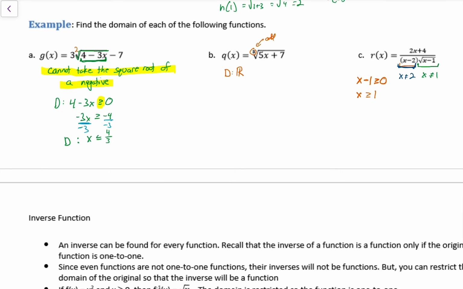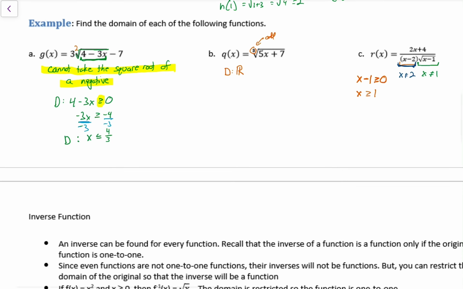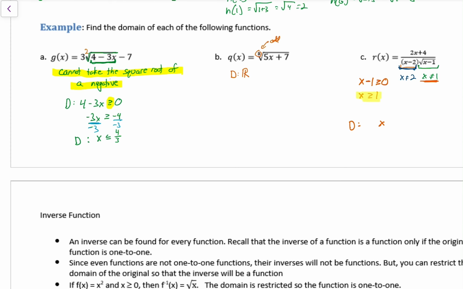And so we're going to combine this. So x has to be greater than or equal to 1, but this says x can't equal 1, and so that limits that. So using these 2 highlighted ones together, we have to say x is just greater than 1. You can't have the or equal to.